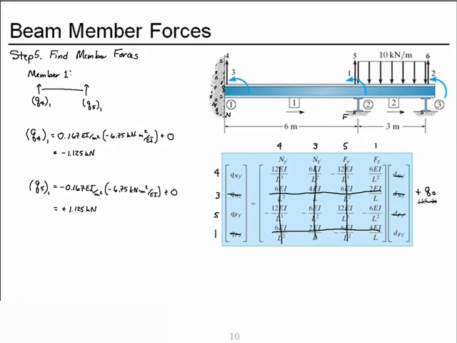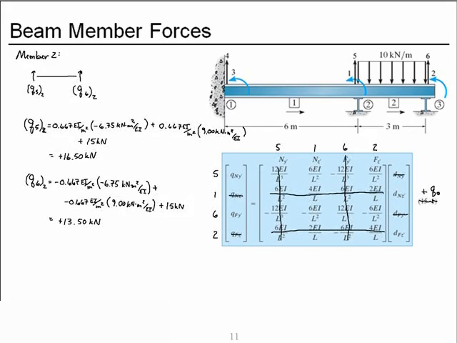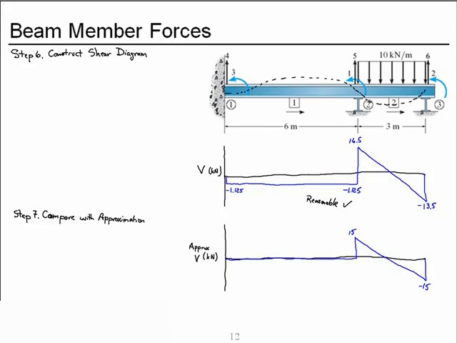And we started with member 1, then member 2. We then used that information to construct the shear diagram, and then we compared it with the approximation that we created in step 1, and we found that our results from the stiffness method are reasonable. Well done.